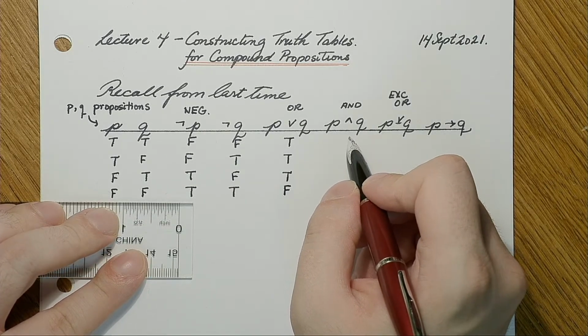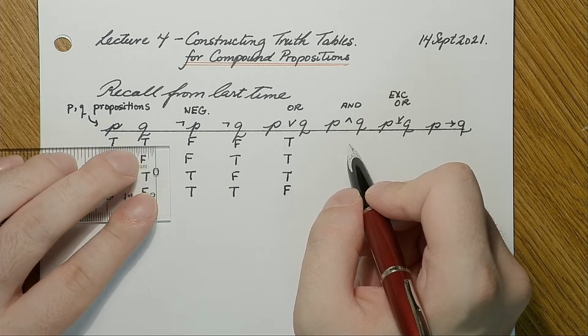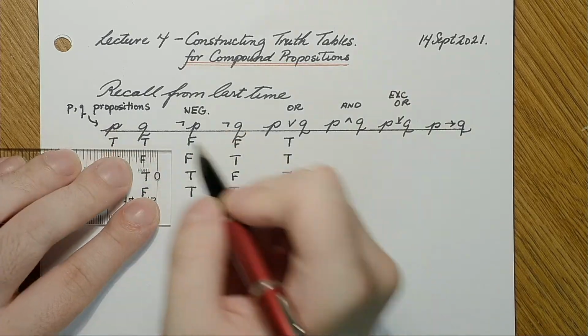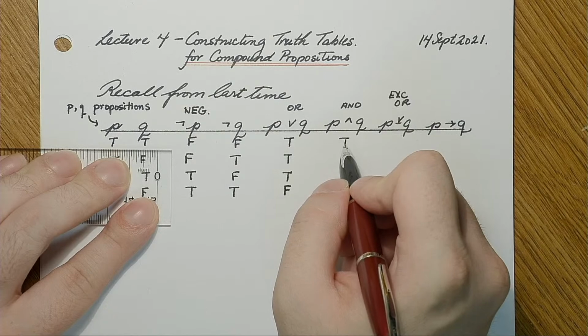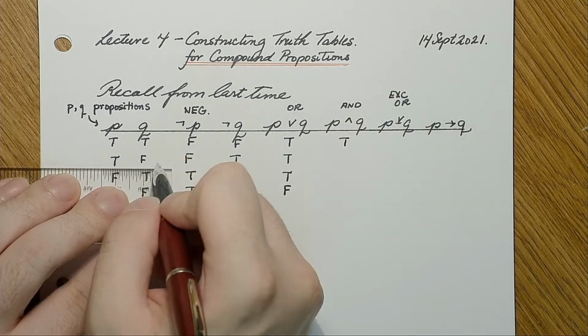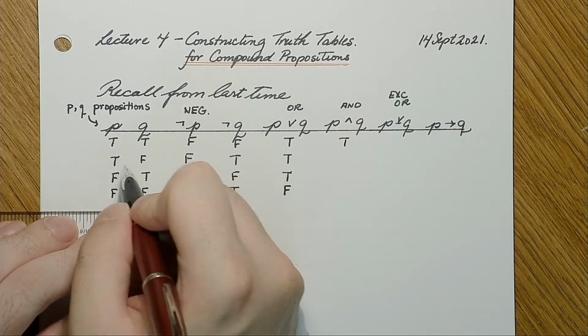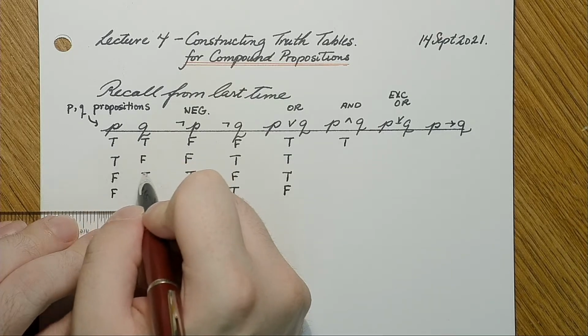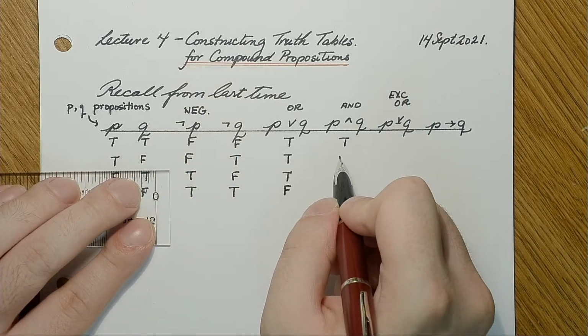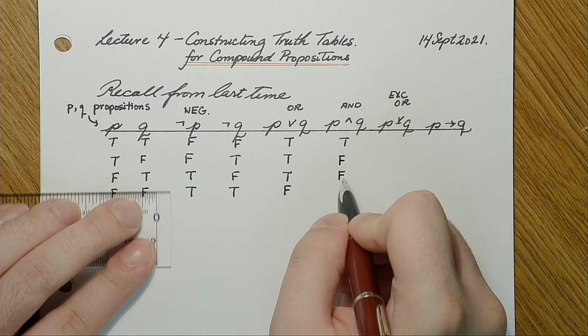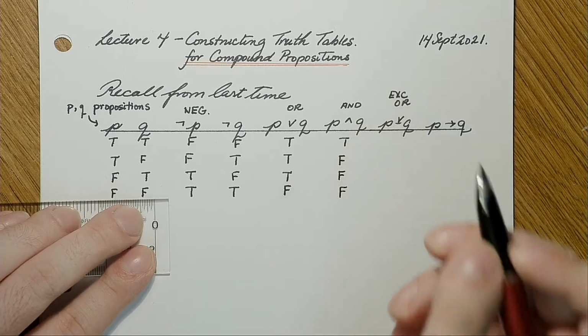For the and, both of them have to be true. So starting again, here both of these are true, so this is true. And the rest, both of them are not true. So we can easily fill that in as false, false, and false.